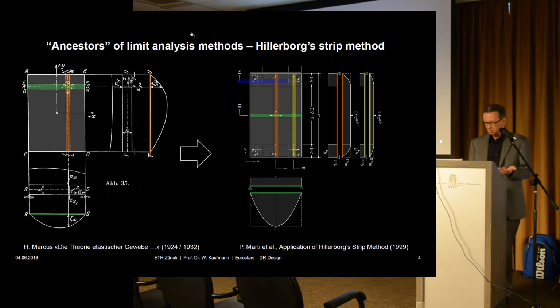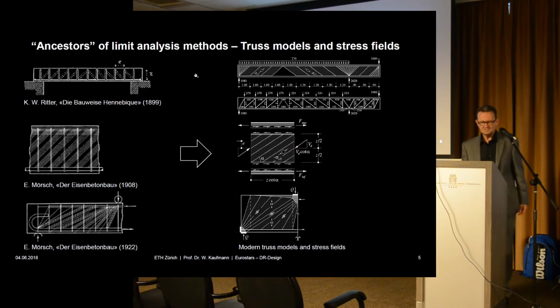But again, it's an old thing, and we could say that it's a practitioner method. We send the loads in this and that direction, and by experience we know it works. And also in stress fields, right? There are these very nice truss models and even stress fields at the bottom, more than 100 years ago in this case.